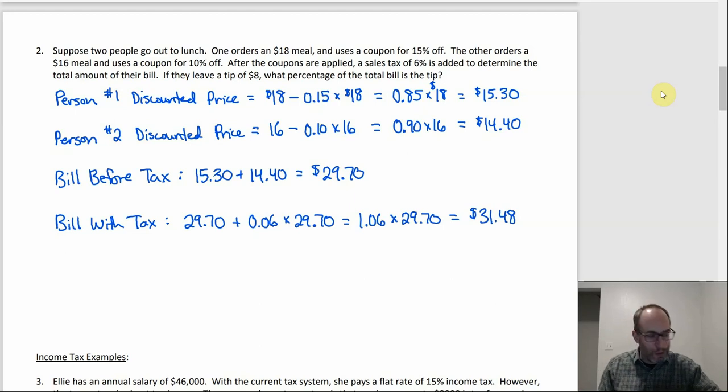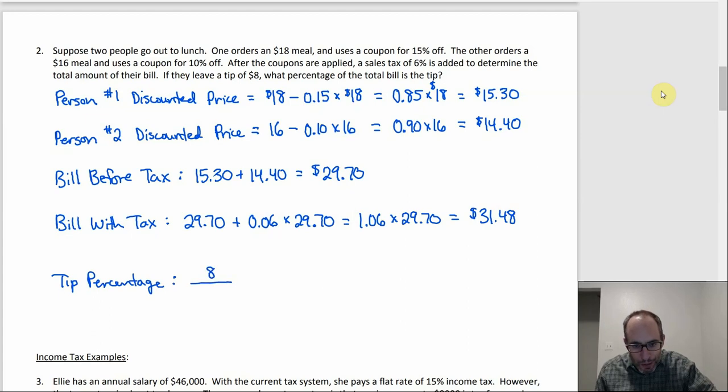All right. So then we have to figure out the tip percentage. Because we want to see what percentage of 31.48 is the $8. So the tip percentage, well, we know what the tip is. It's 8. We know the total bill is 31.48.